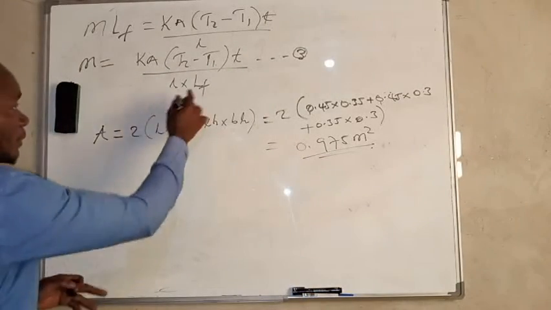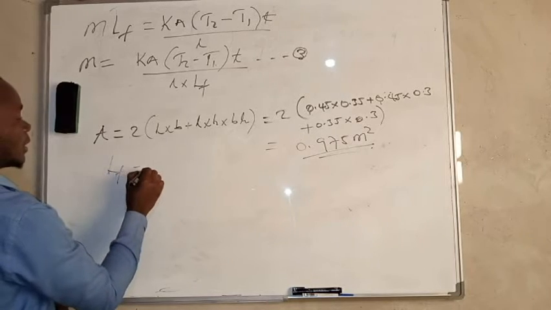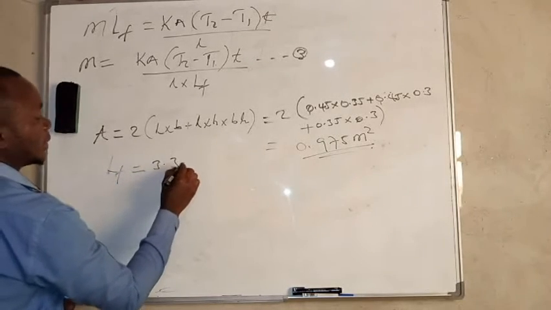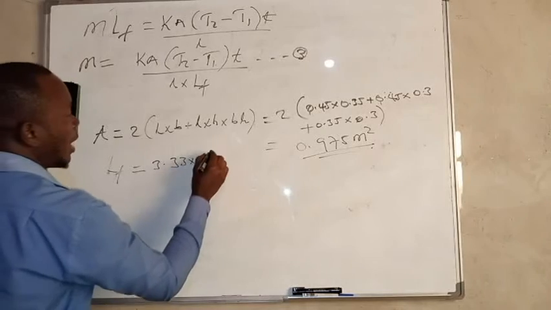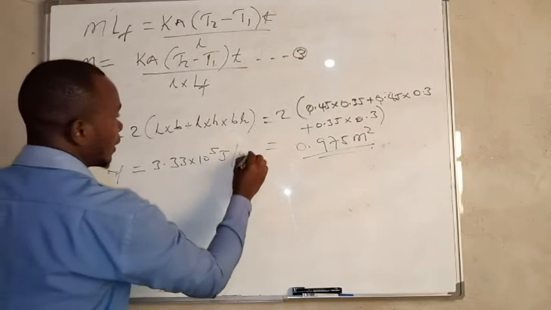The latent heat of fusion is 3.33 times 10 to the power 5 joules per kg.